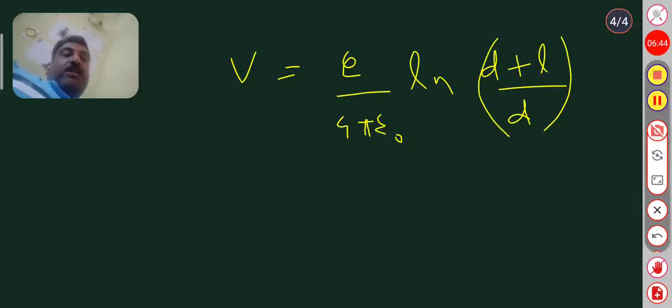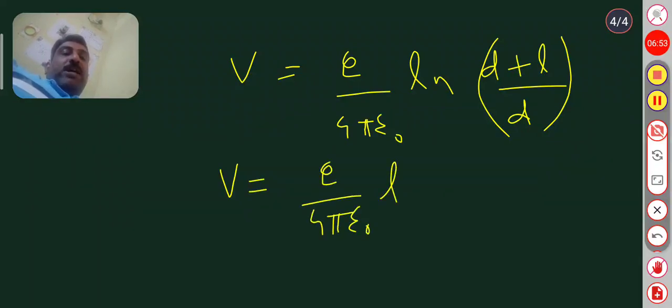This is the potential due to the entire rod at point A, which you can write as Q by 4 pi epsilon 0 natural logarithm of 1 plus L by d.